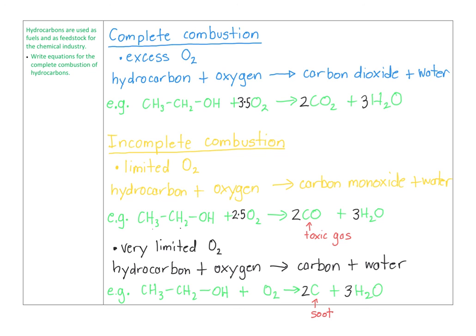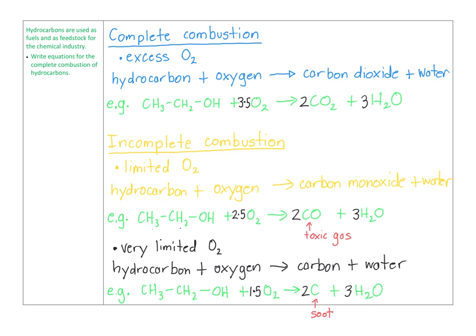And now we see 3 oxygen here, so we need 1.5 moles of O2 to give us 3 moles of oxygen. So you can see here, the amount of oxygen that's needed is decreasing. 3.5 moles here, 2.5 moles here, 1.5 moles here.